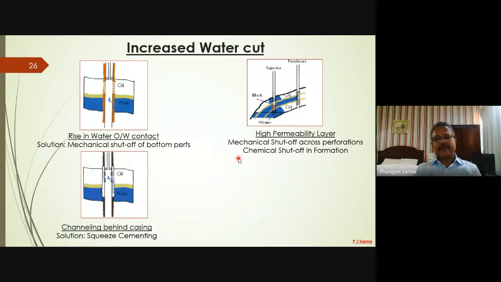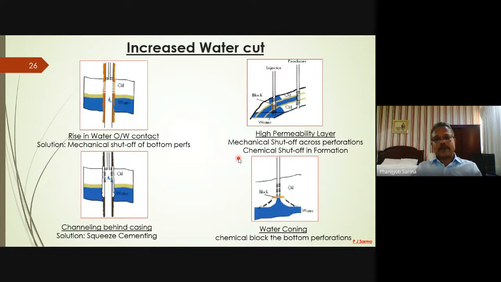There are different layers in the wells, and some high permeability layers are there along with low permeability layers. If we have completed those wells, then the high permeability layers get produced first and the water gets produced. How do you resolve those issues? By mechanical shut-off across the perforations or chemical shut-off.